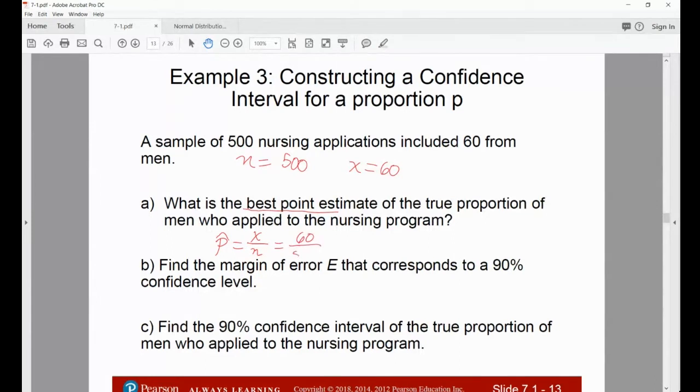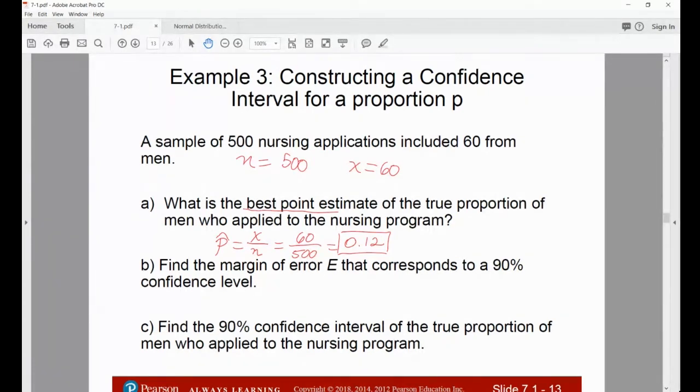So 60 over 500, and that is 0.12. So this will be the answer for part A. 0.12 is the best point estimate of the true proportion of men who apply to the nursing program. In percentage, we can say that 12% of men apply to the nursing program.